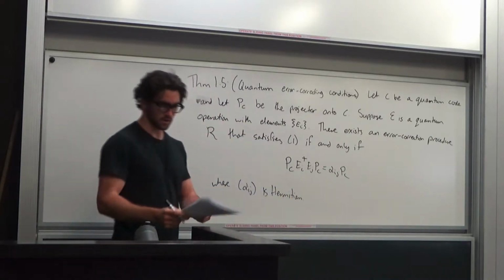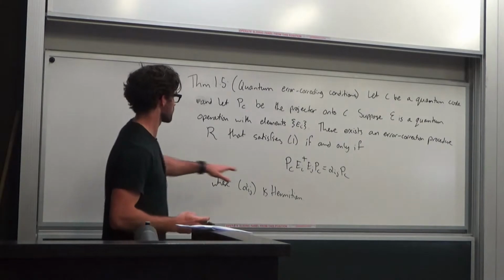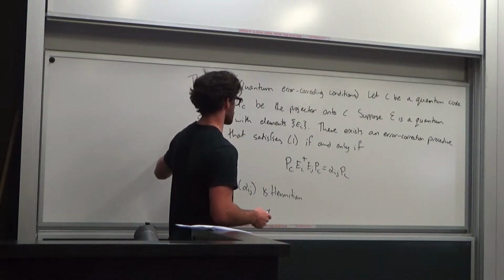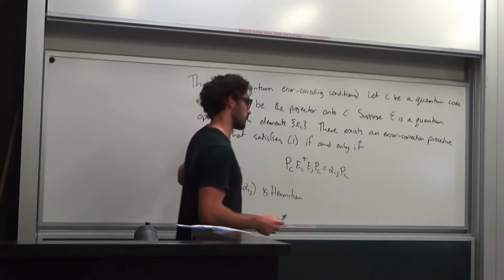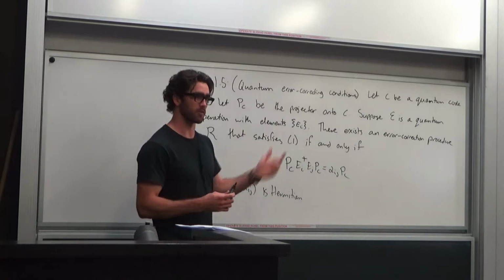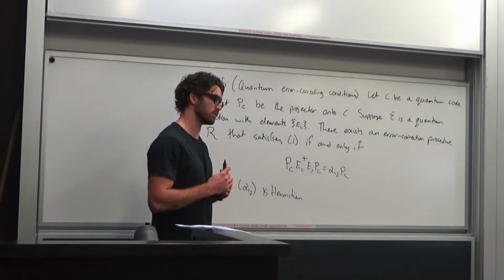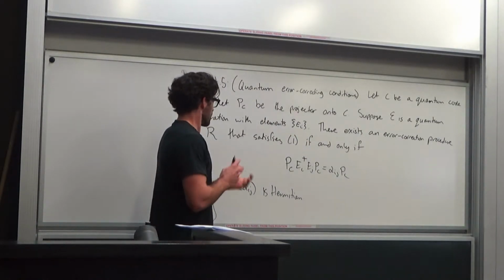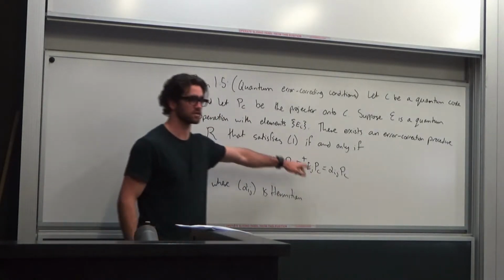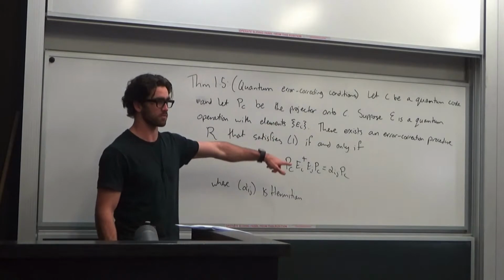We're going to do basically one direction of this proof: supposing this holds, we go to finding an error correcting procedure. Partly I wanted to do it this way because it's fairly instructive of how we actually go about correcting errors, which we'll see in an example a little later on. This gives us a nice little test to see if our set of errors can be corrected.